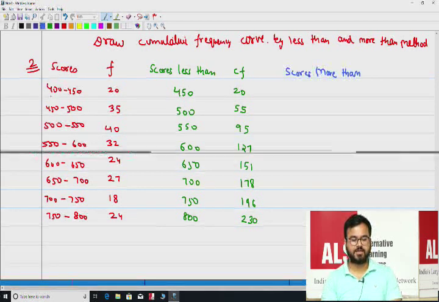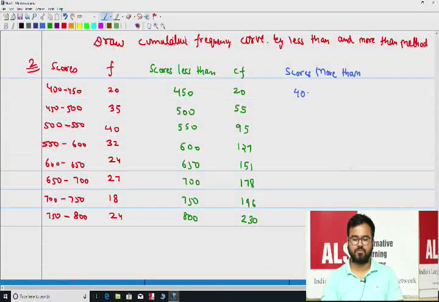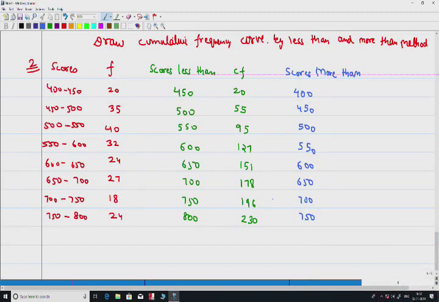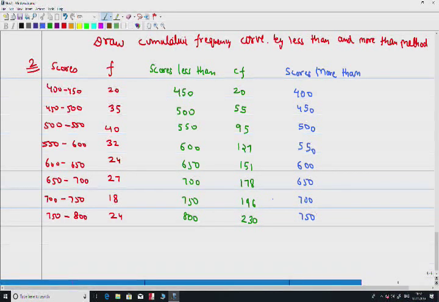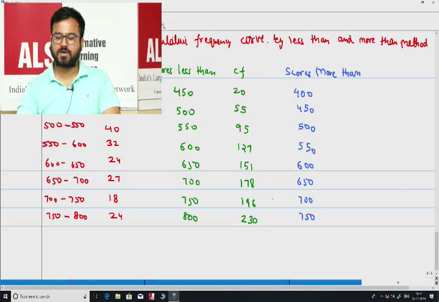So we will say more than 400, more than 450, 500, and then we can write. So now when we are writing the score more than 400, it means we have to consider all the frequencies from 20 till 24, adding all of them, that would become 230.